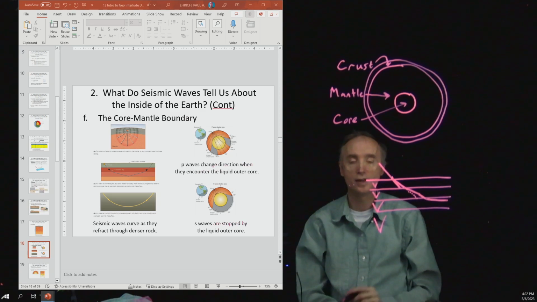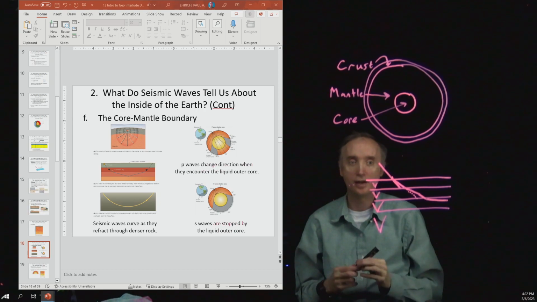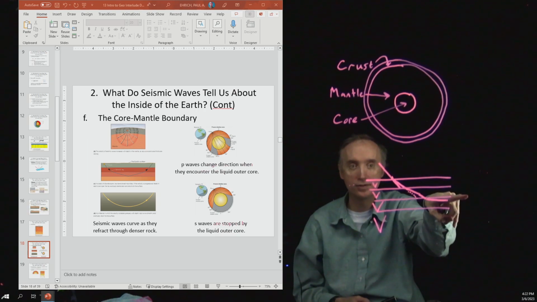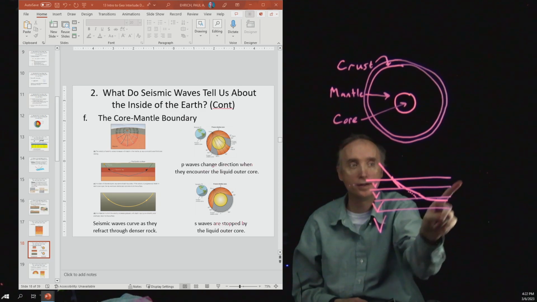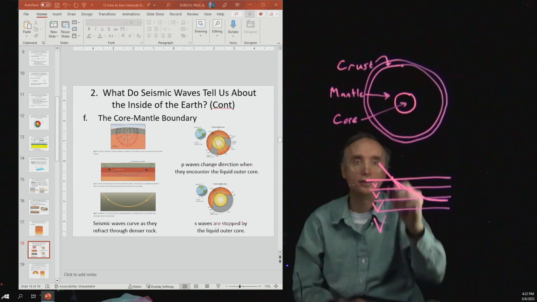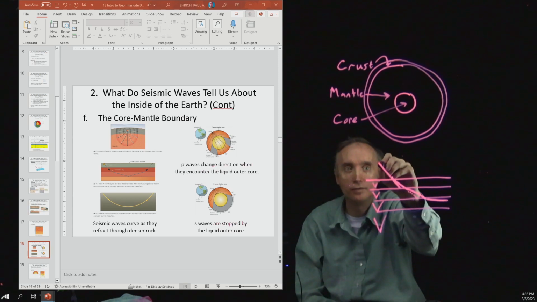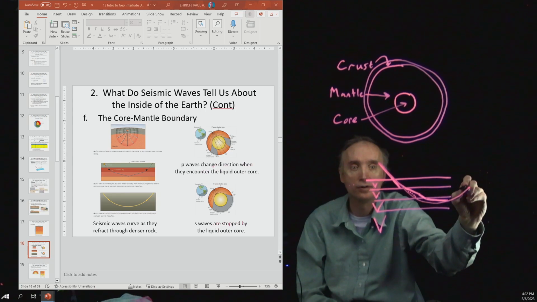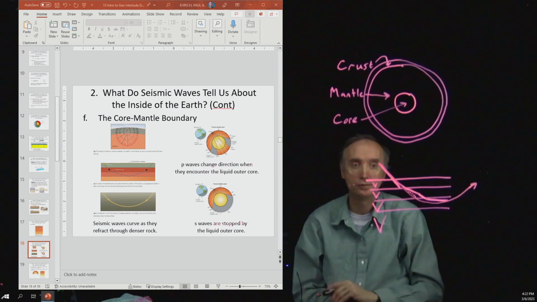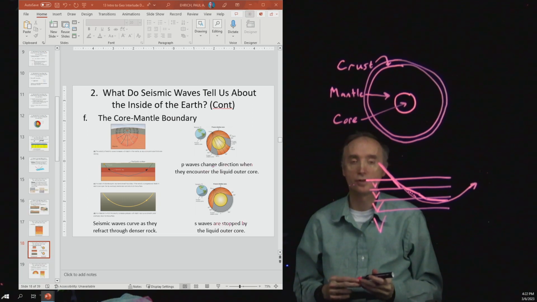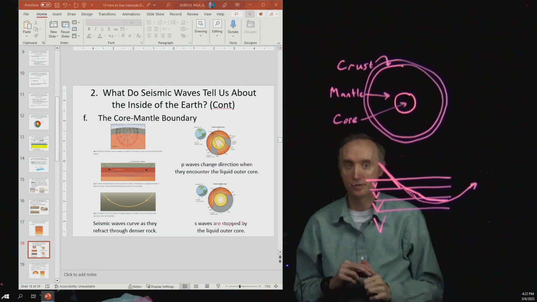And can you see that eventually it's going to bend so much, it's going to start going horizontally, and then it's going to start going back up again. So you have a seismic wave that eventually is going to start curving back up again. And that's illustrated in that picture there on the left.